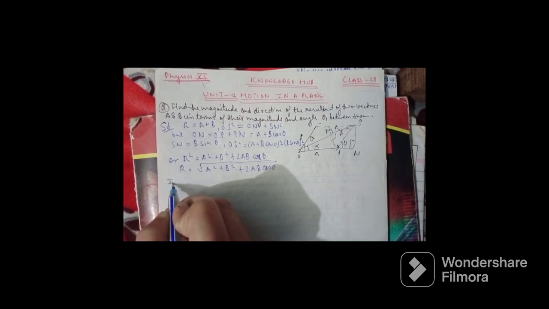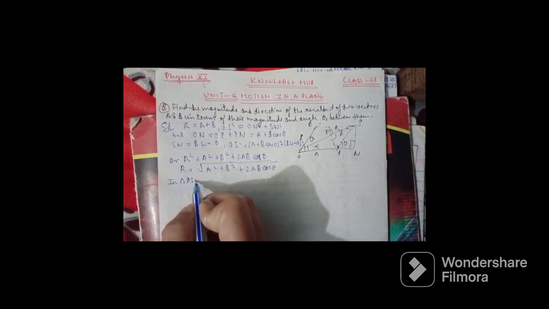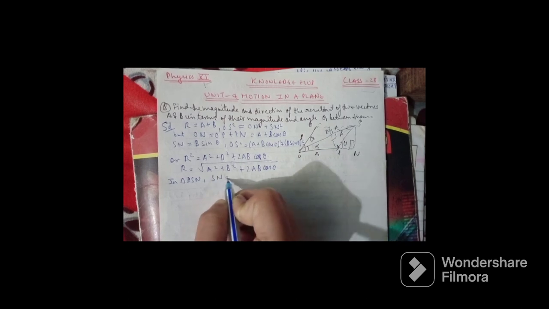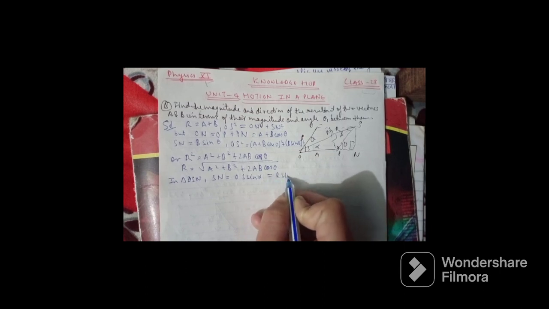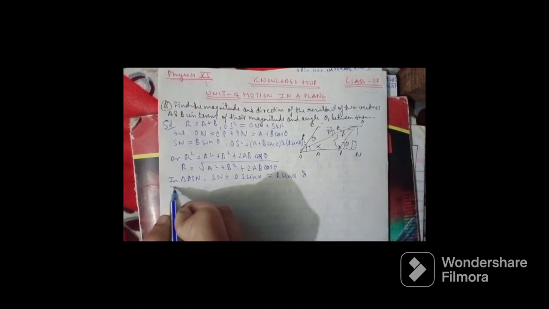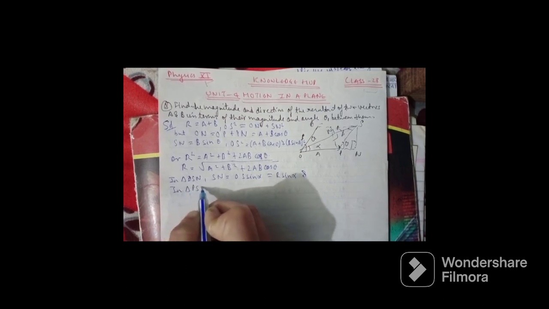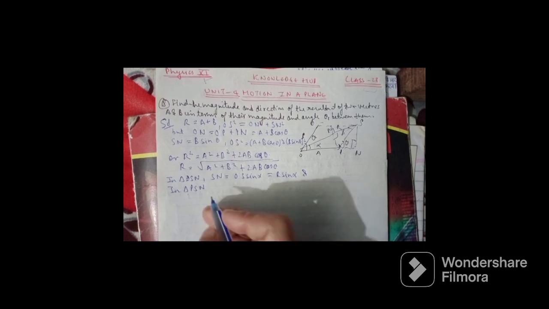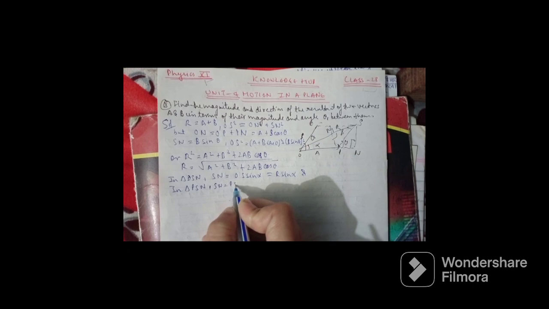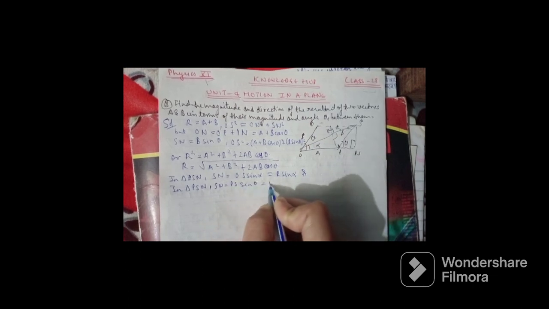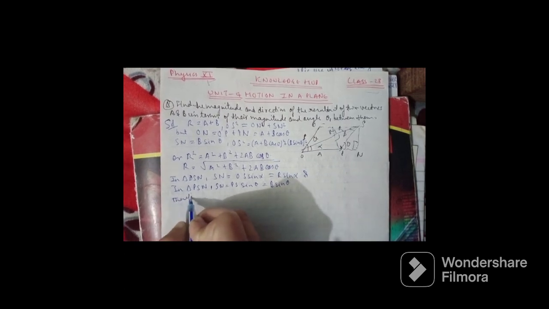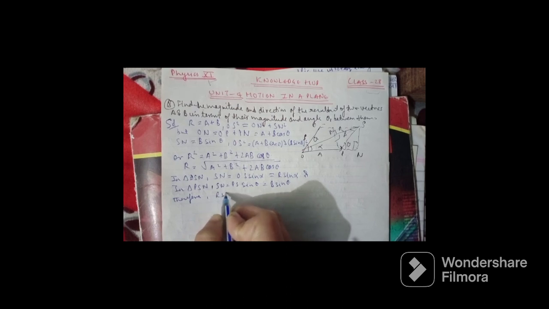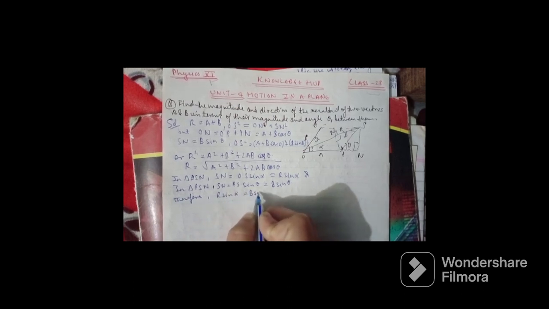So in triangle OSN, SN equals OS sin alpha equals R sin alpha, and in triangle PSN, SN equals PS sin theta, which equals B sin theta. Therefore R sin alpha equals B sin theta.